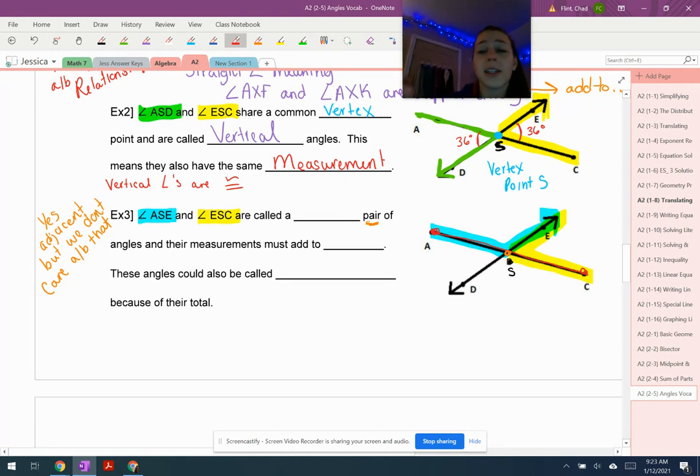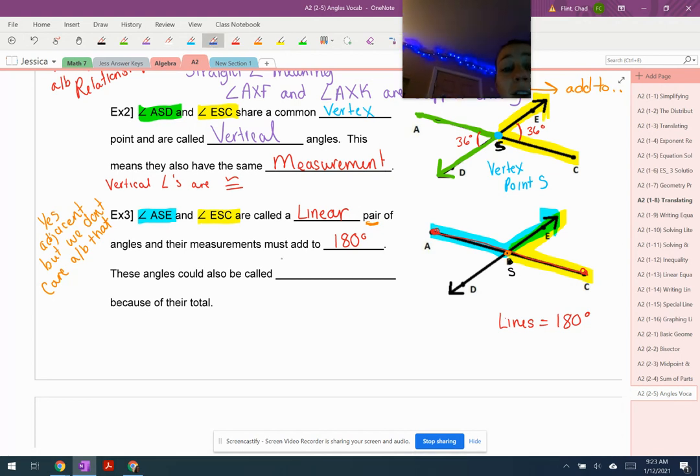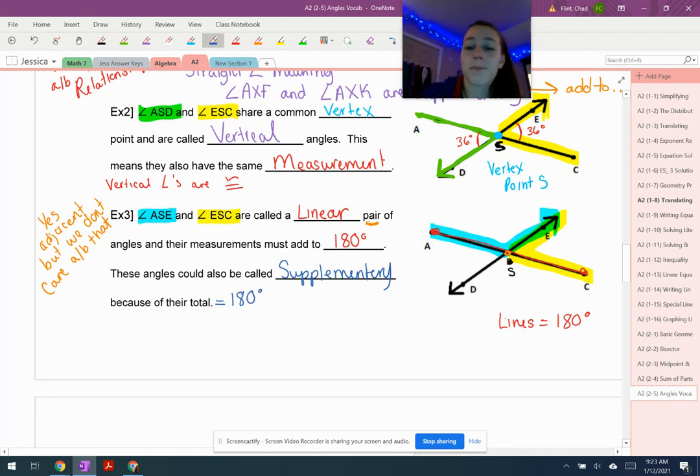So ASE and ESC are called a linear pair of angles, and their measurements must add to 180 because we know that lines equal 180 degrees. These angles could also be called, and there's that other vocab word, supplementary, because of their total equaling 180.